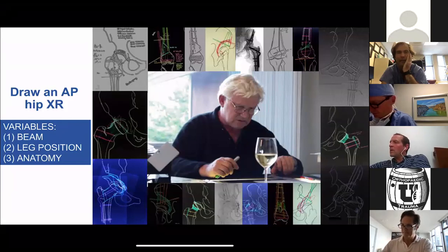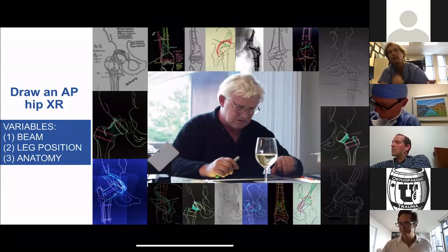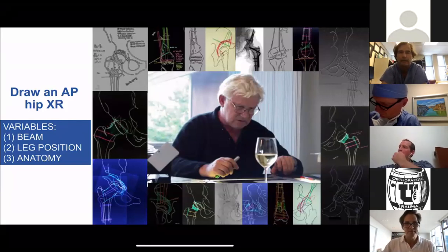So the only way to get better at understanding what you're seeing is to be able to clearly delineate exactly what it is in terms of shadows and lines, white space, if you will, relationships.